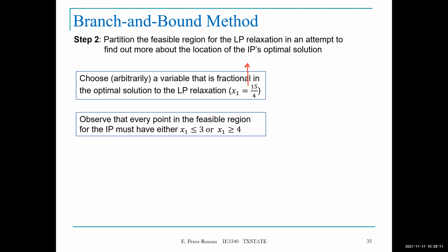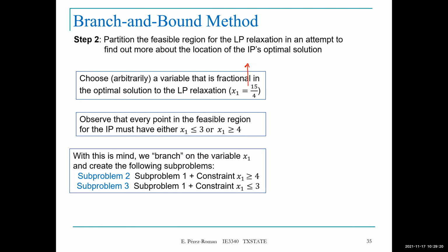Okay, so observe that every point in the feasible region for the IP must have either x1 less than or equal to 3 or x1 greater or equal to 4. With this in mind, we branch on the variable x1 and create the following subproblems. Subproblem 2 will take the original problem and add a constraint for x1 greater or equal to 4. And subproblem 3 will add a constraint for which x1 is less than or equal to 3.